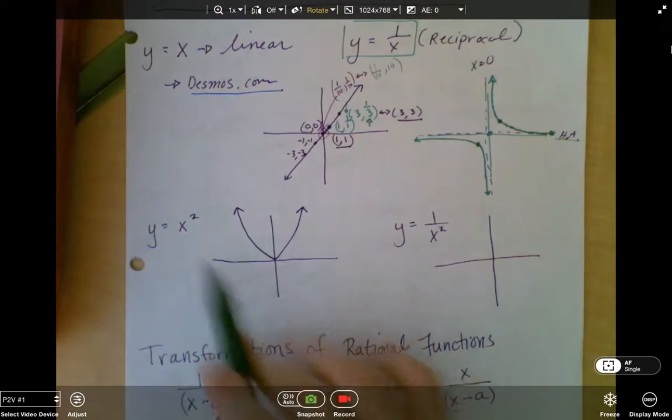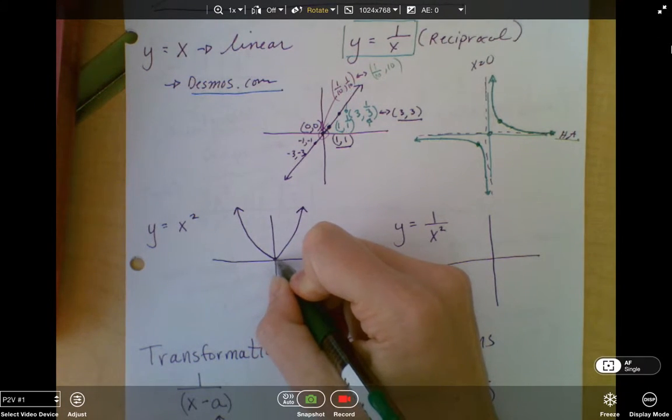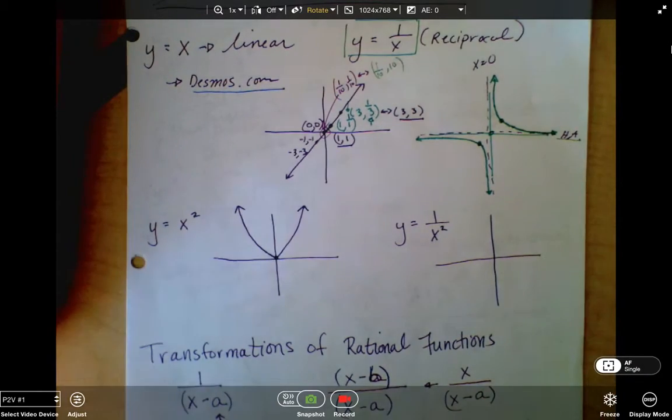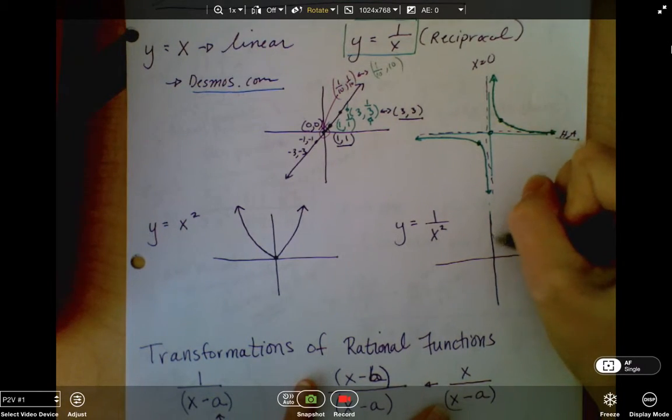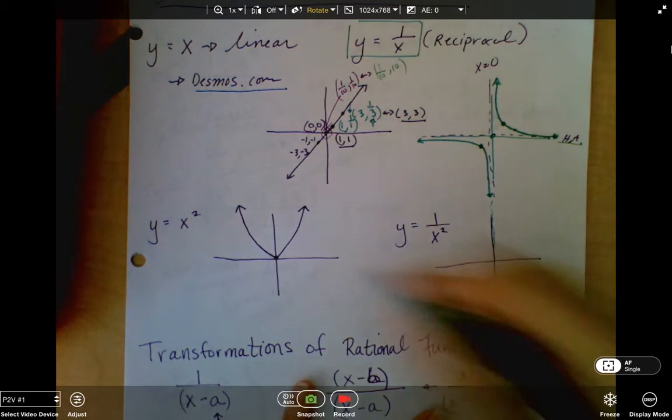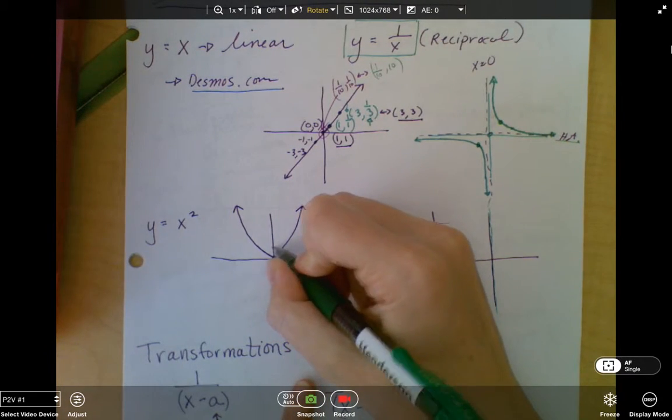Now, here's another one. Let's say I have 0. Well, oops, you can't put 0 in the denominator, so we've got our little asymptote here. Let's say I'm looking at 1, 1.